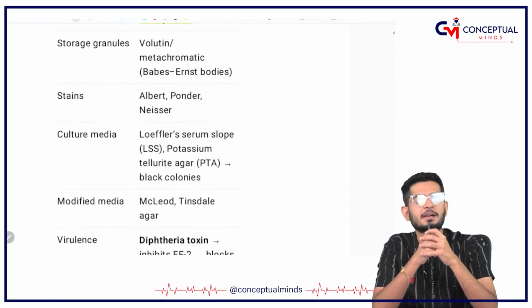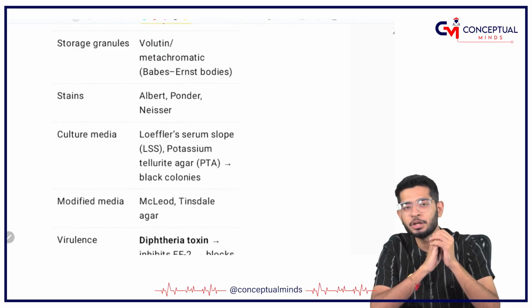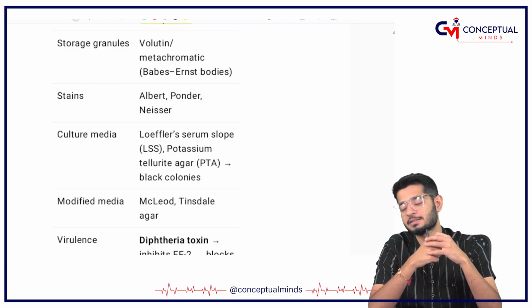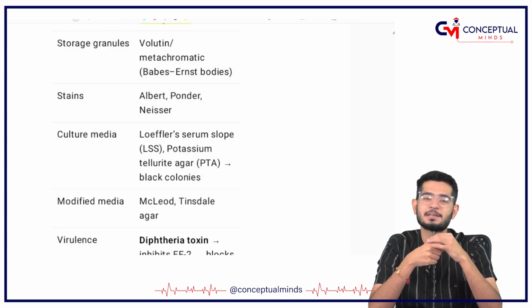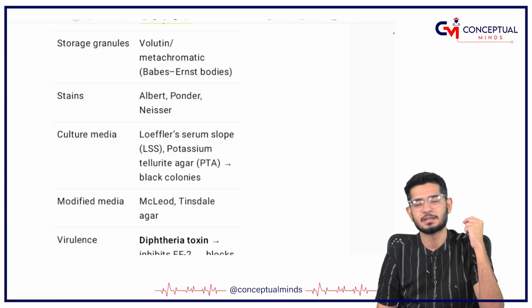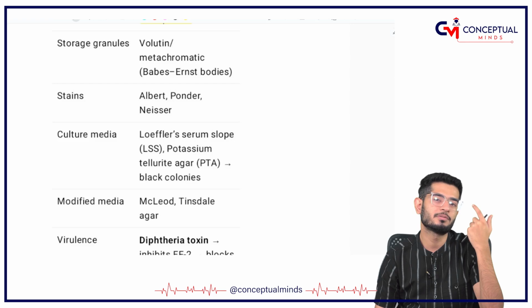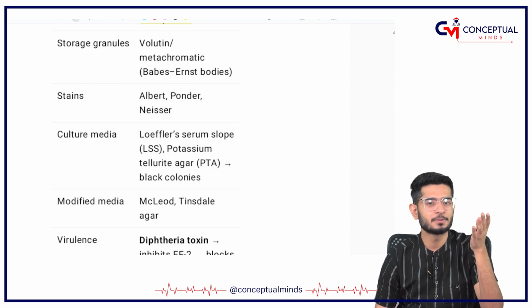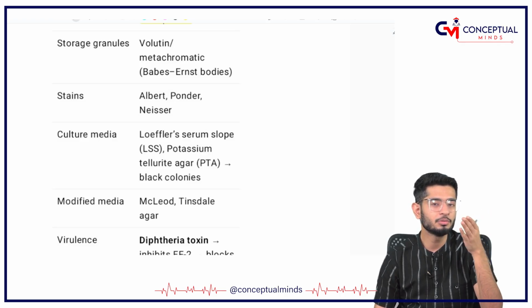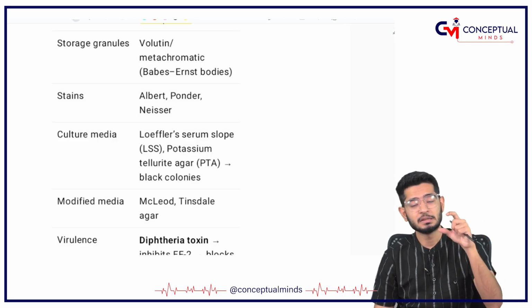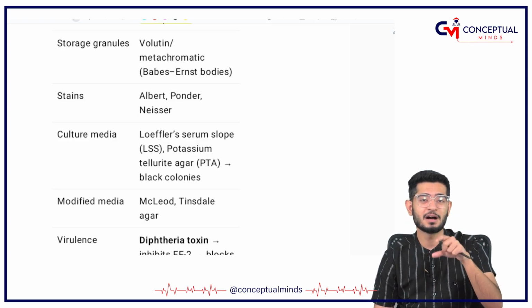From the very basic class of general microbiology, I have told you that in order to enhance survival, some bacteria store food. For example, in many places of northern India, especially in the state of Punjab, people live in areas where a lot of floods come. So in order to prolong their survival in this condition, they store the grains, the rice, the roti, the dal, the chawal, everything.